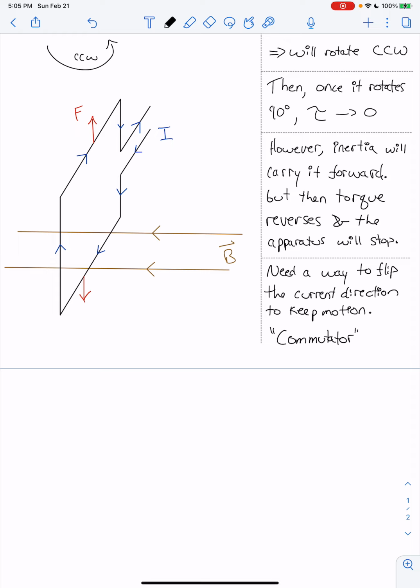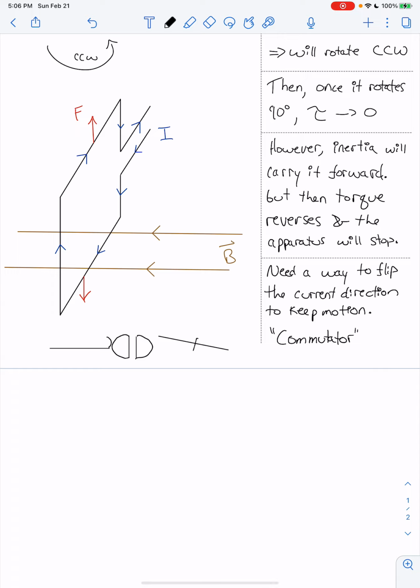What a commutator is going to look like, vaguely, is that you've got your wire coming in, and it's going to have the ability to connect to a device, a commutator, which is shaped like this, and then like this on the other side. And this will be the wire as well.